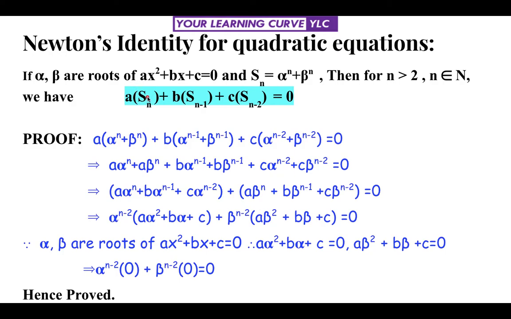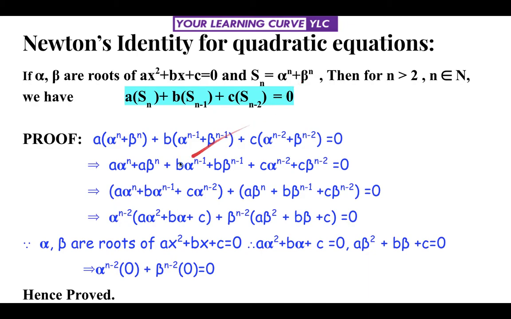So, a into Sn plus b into Sn minus 1 plus c into Sn minus 2, this will always be equal to 0, where Sn is alpha to the power n plus beta to the power n, Sn minus 1 is alpha to the power n minus 1 plus beta to the power n minus 1, and Sn minus 2 is, we have put in place of this n, we are putting n minus 1, n minus 2, or whatever is here, it goes right in the exponent of alpha and beta.